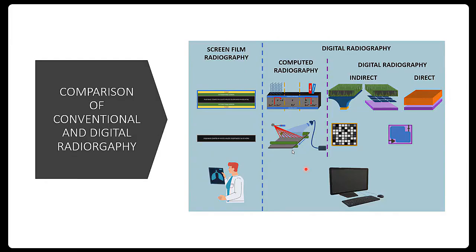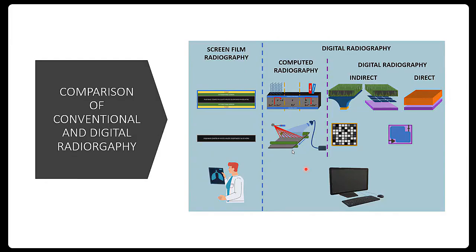So digital imaging is any imaging acquisition process that produces an electronic image that can be viewed and manipulated on a computer. Okay, so the digital imaging, the word itself shows that it is a digital format we can view with the help of a computer. Then we discussed that the digital imaging can be divided into two types: computed radiography, that is CR systems, and direct digital radiography.